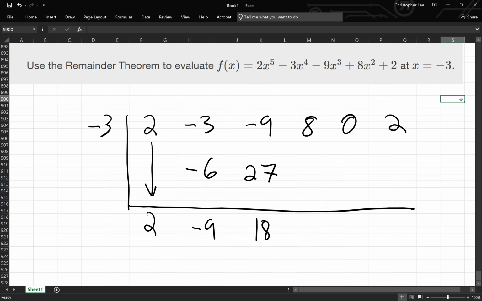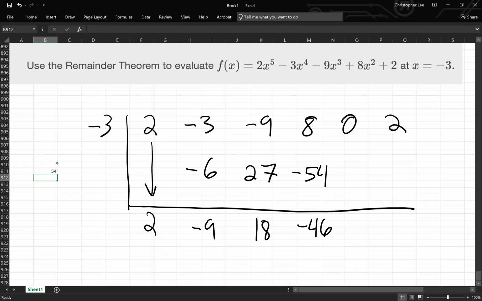Now -3 times 18 is -54. Now 8 plus -54 is -46.